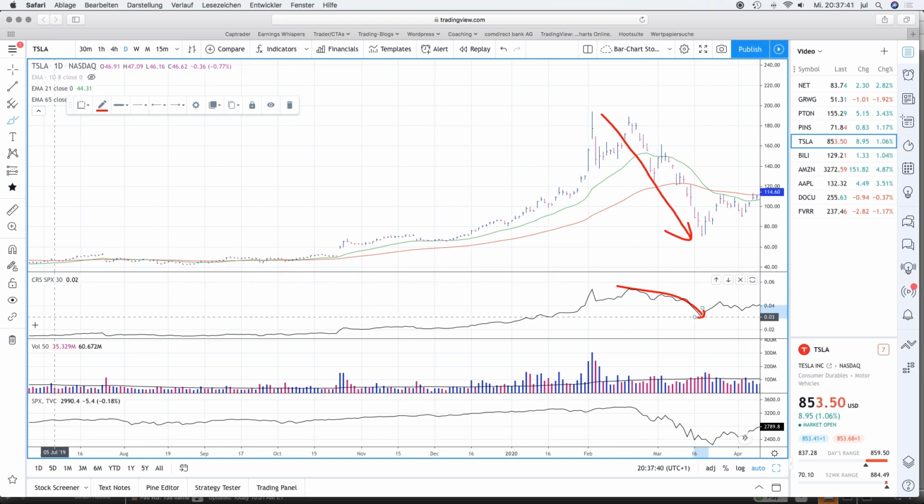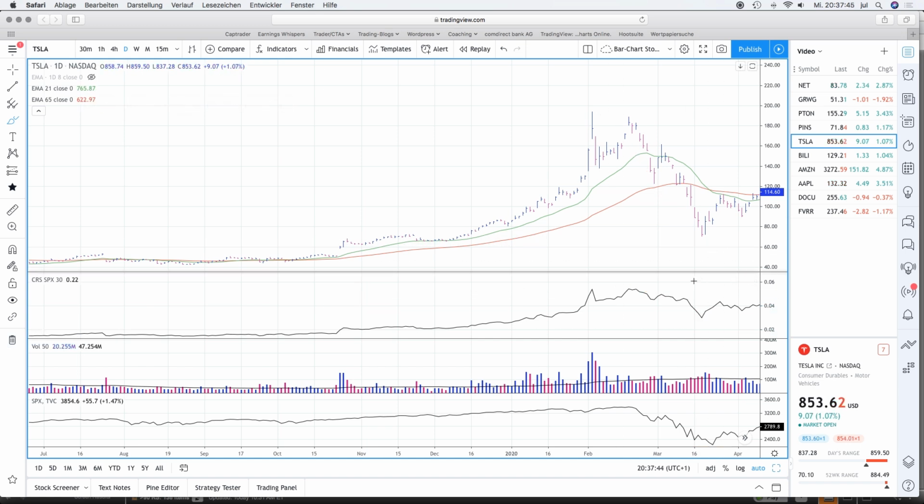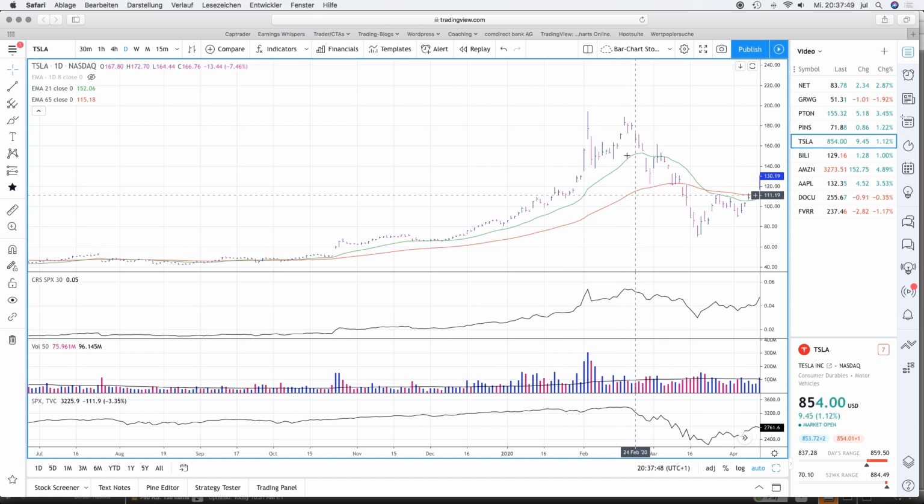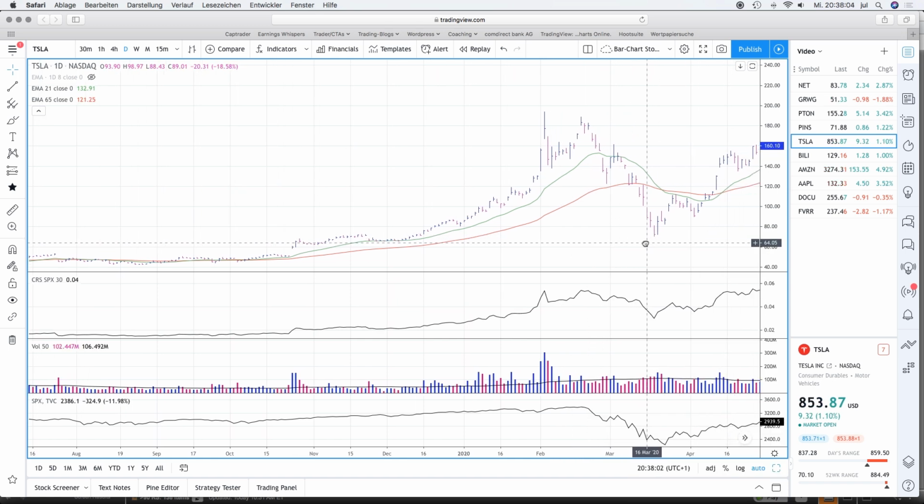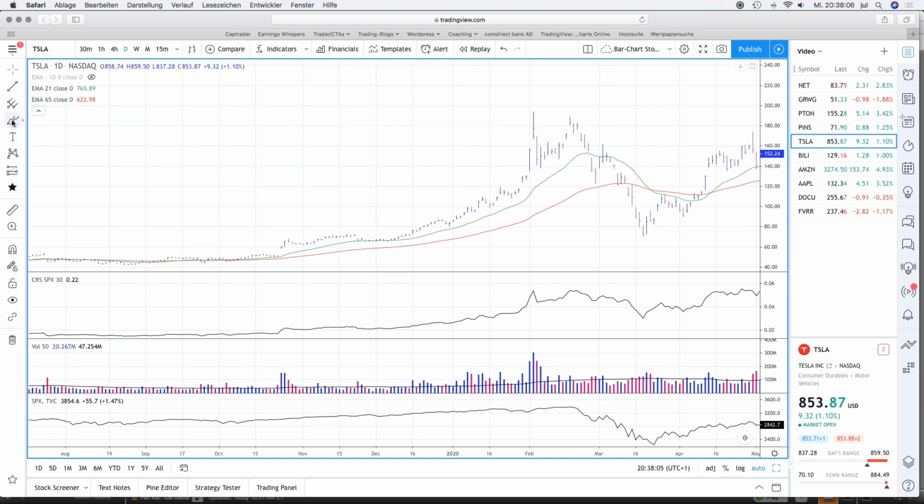So from the visual impression here, it's not such a strong correction in my view. But price always leads, so price is more important than any indicator. And if you are in such a strong correction, in my case, for example, I would be definitely out of the stock. And then you can see how quickly or how fast the RS line turns up again.